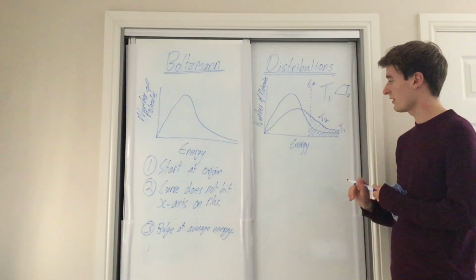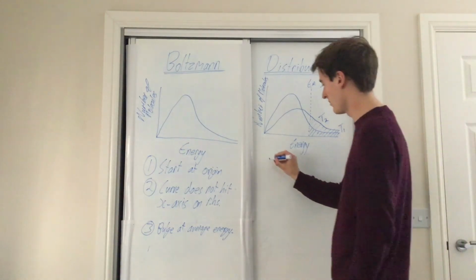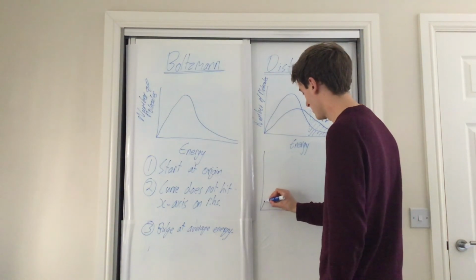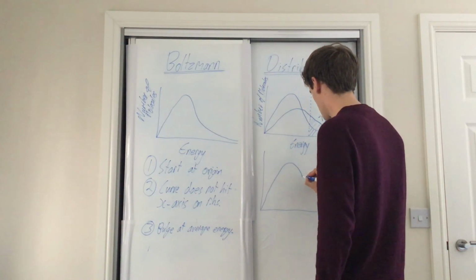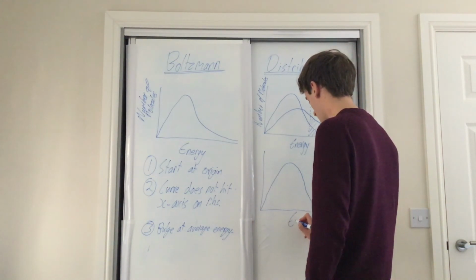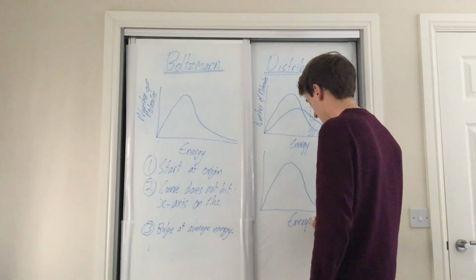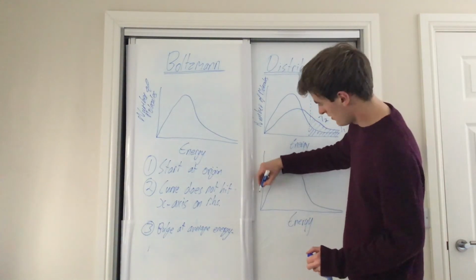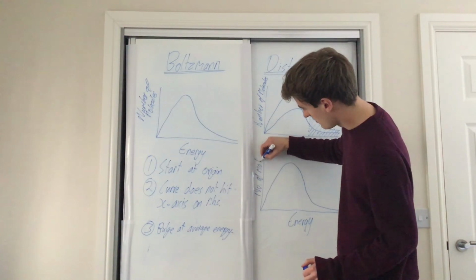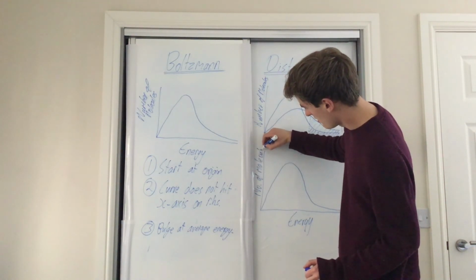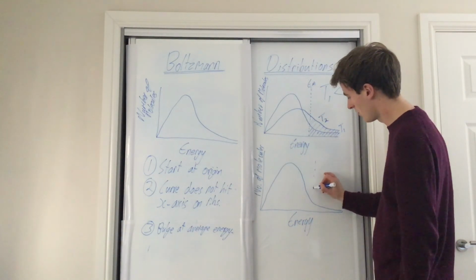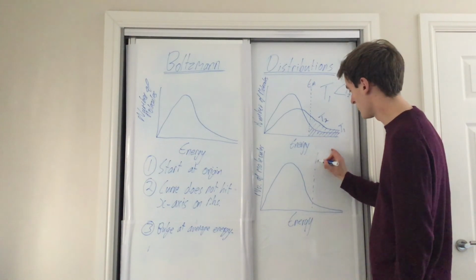What we can also look at is the effect of a catalyst on a Boltzmann distribution. So if I just draw another distribution here, obviously again, energy on X, I'm just going to put number of molecules on Y, and then again I'm going to show my activation energy.